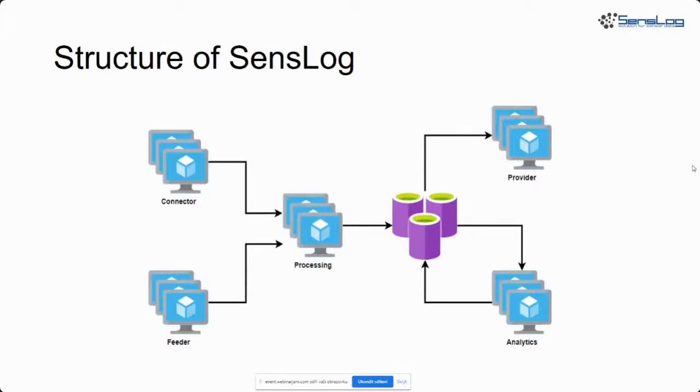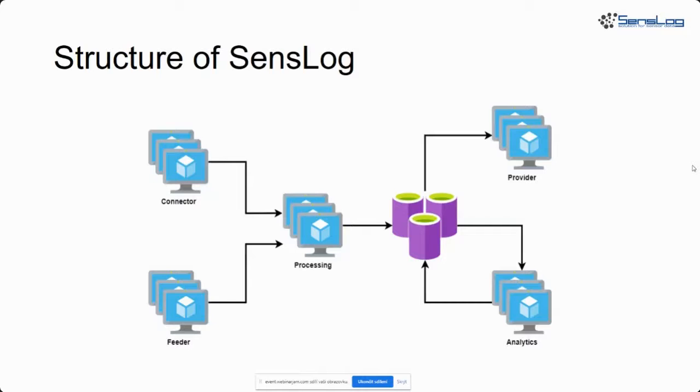On this slide, you can see the overview structure of SensLog. On the left side, you see feeder and connector modules that are responsible for collecting data for the processing part, which processes the input data and stores it in the main data storage.